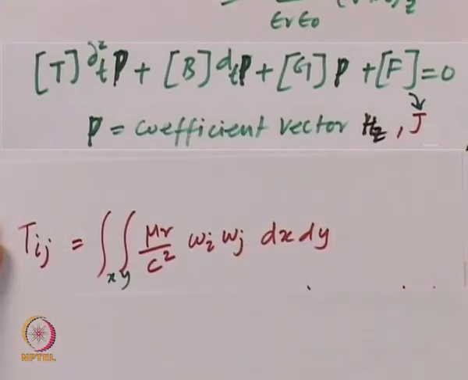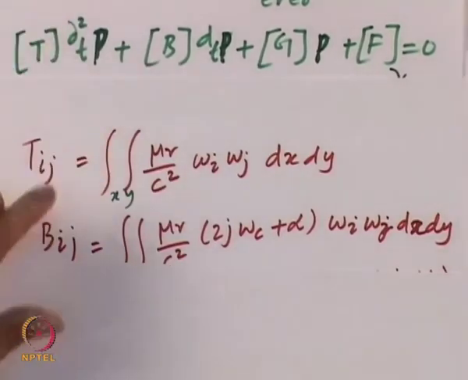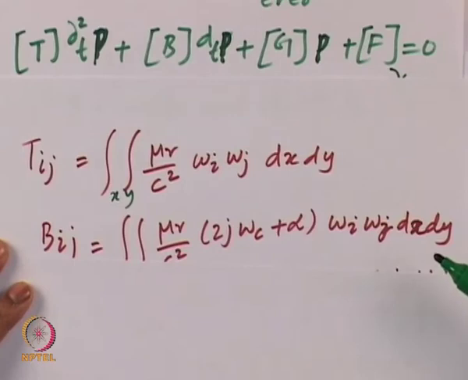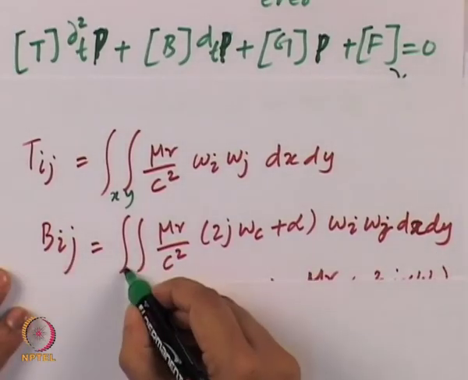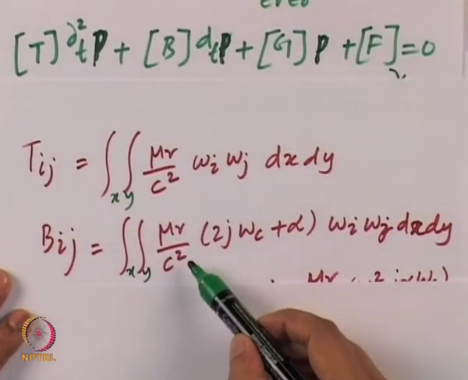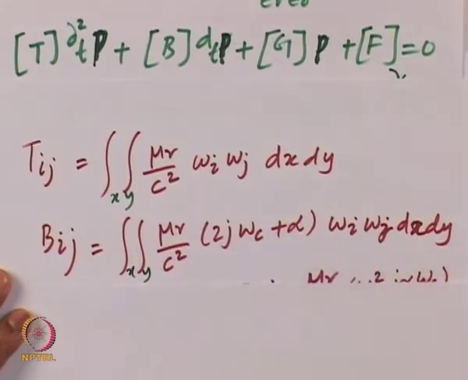Similarly, we are going to have the value for B of ij, which is given by the double integral, one for x and one for y, of mu r divided by c square times 2j omega c plus alpha, wi wj dx dy.